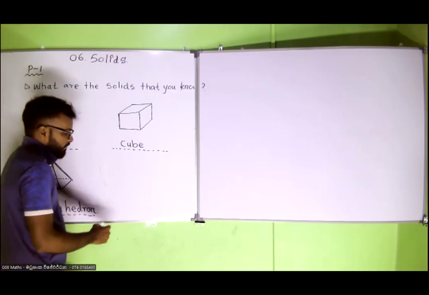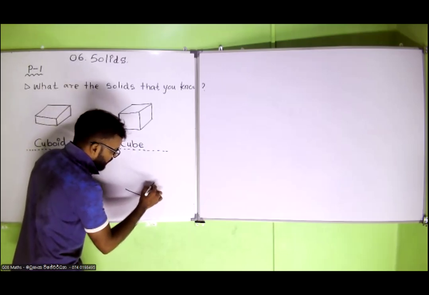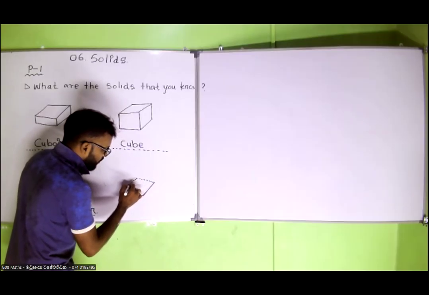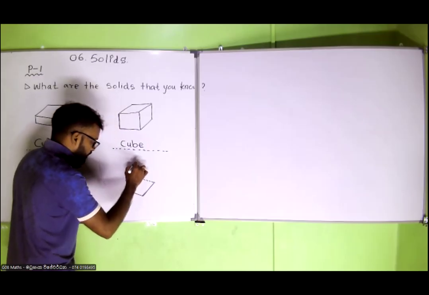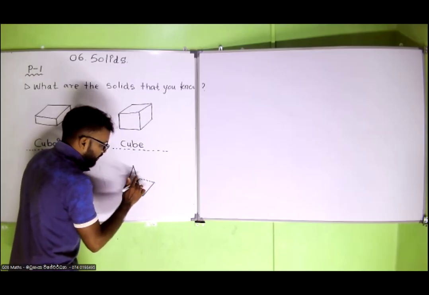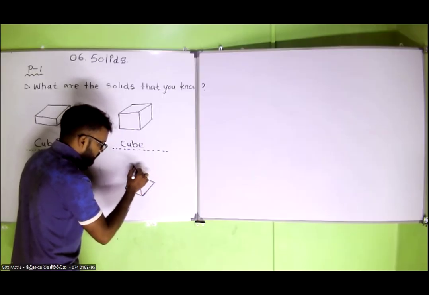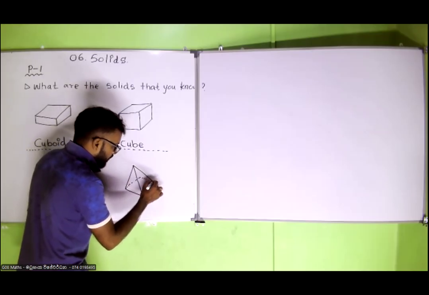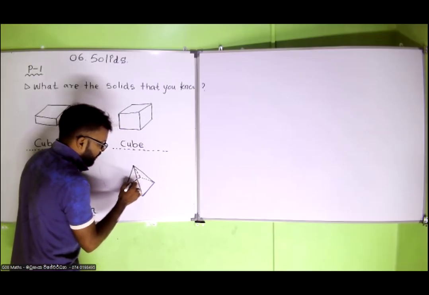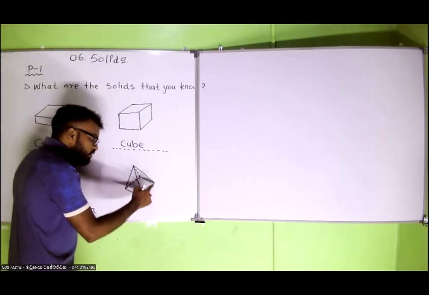So the next one is something like this. You don't need to draw. The bottom side is a square shape.